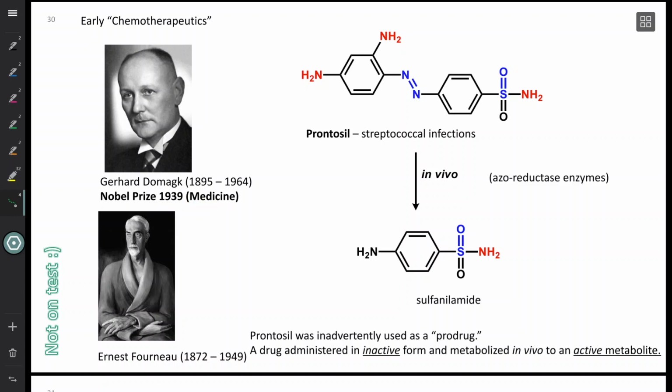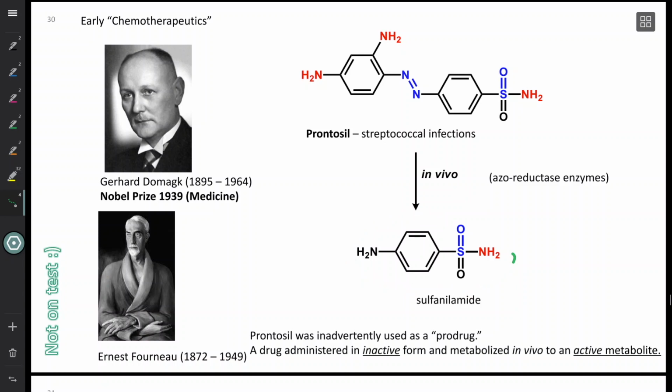But it was actually French chemist Ernest Fourneau who learned that it wasn't really the azobenzene structure that was having the effect. It was actually the cleaved product, right? If you cleave here, you get this amine.